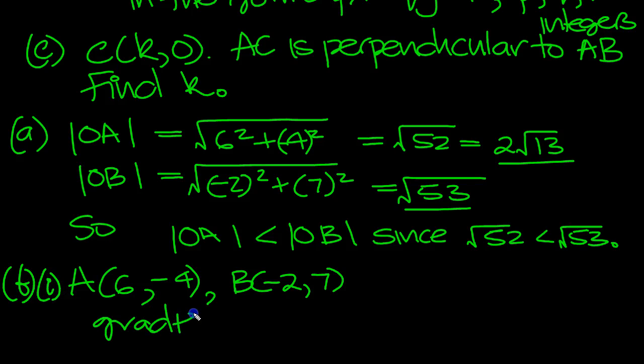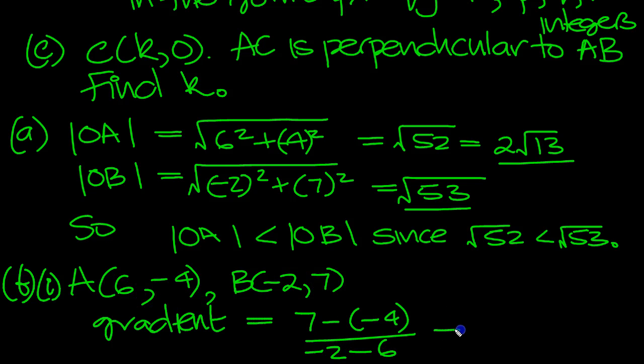Gradient is equal to the increase in y, which would be 7 minus the minus 4, divided by the increase in x, minus 2 take away 6. So we've got 7 plus 4 is 11 over minus 8, which is minus 11/8. Bring the minus on top. So it's a negative gradient.